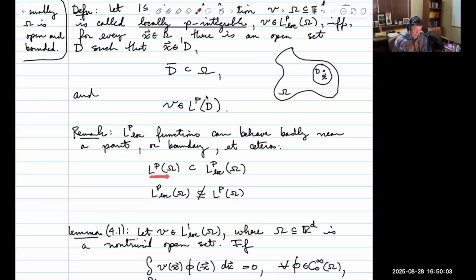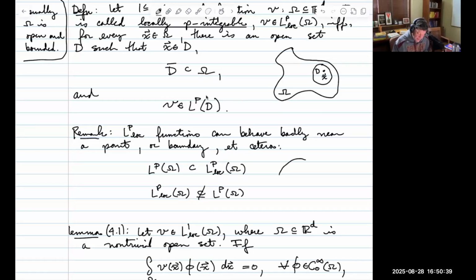Now, if I know that a function is L^p, is it L^p loc? The answer is yes. If it's L^p, I can show fairly easily based on the definition that it's locally L^p. However, if I have a function which is L^p loc, is it going to be an L^p function? Not necessarily. So this function space is a little bit bigger than L^p.